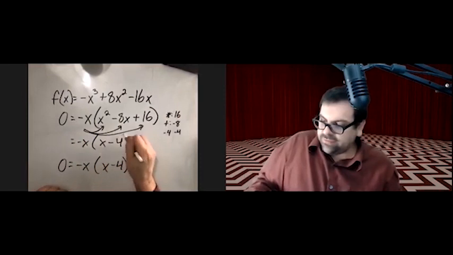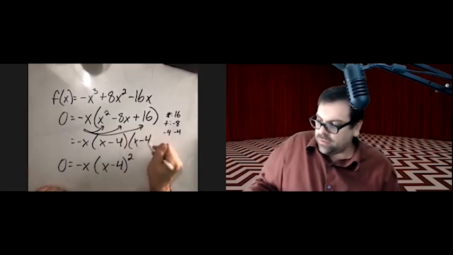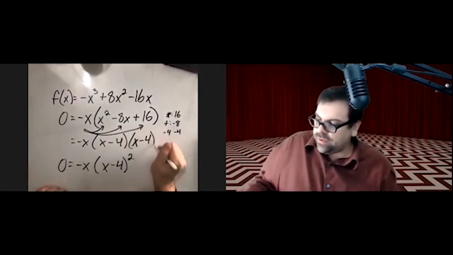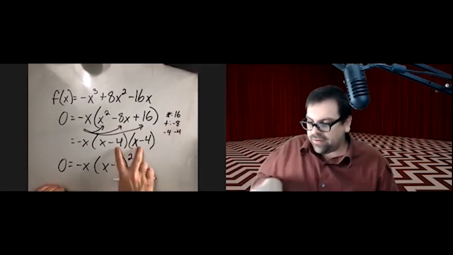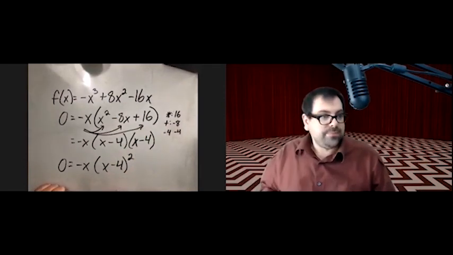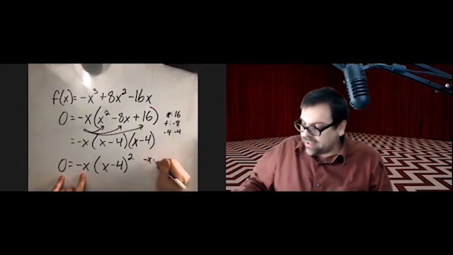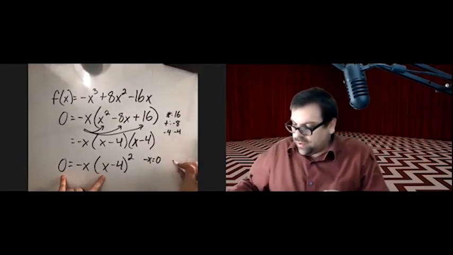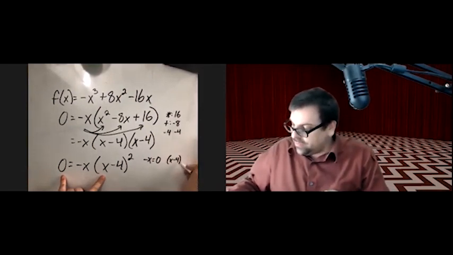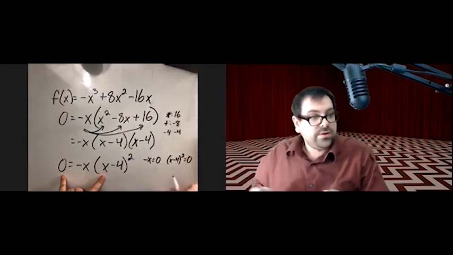So x minus 4, x minus 4. And when we have a repeated factor, we write it as a square. So negative x equals 0, or x minus 4 squared equals 0.